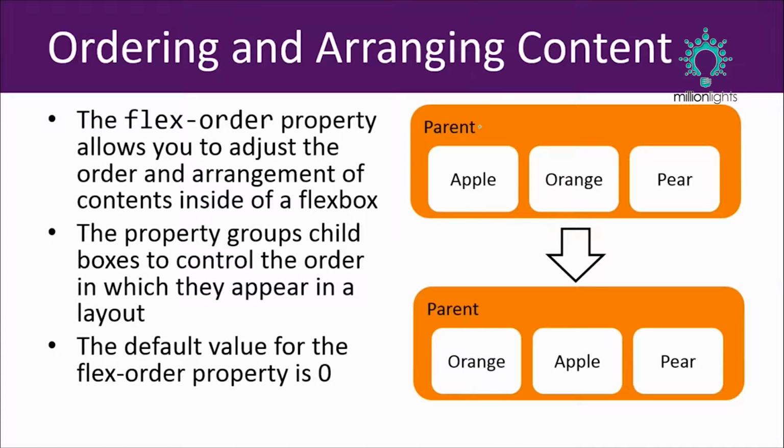So in this particular example, we have apple, orange, and pear all with a flex order property value of 0. And so with the parent, if we change the value of orange to 1 and leave apple and pear at 0, then orange will all of a sudden move to the front. So it's a good way to reorganize and rearrange the different Flexbox items.